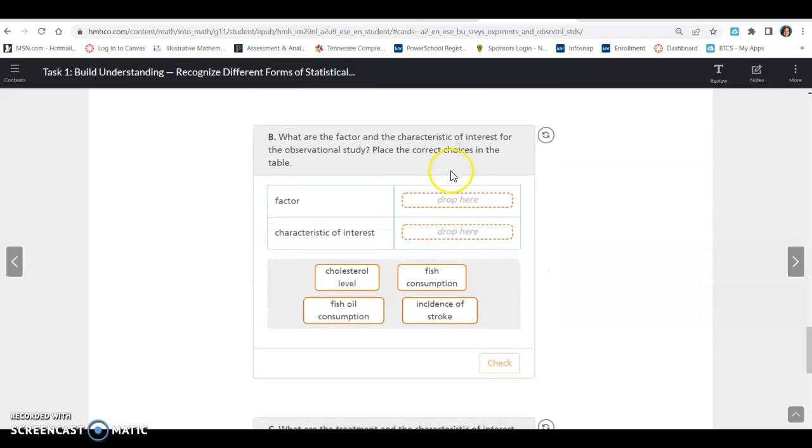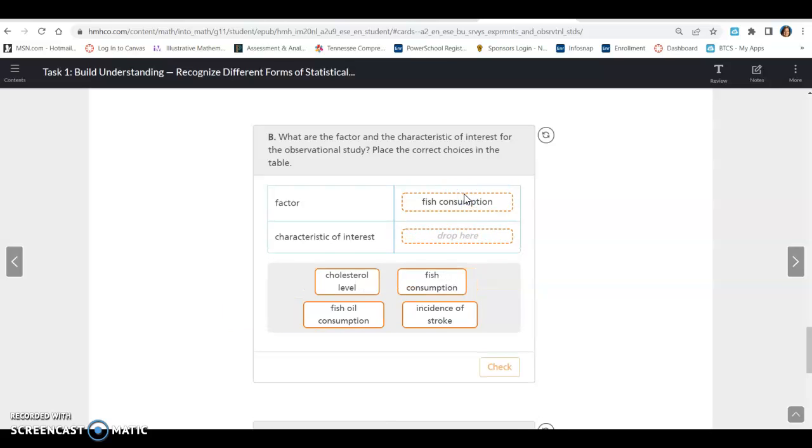So the factor is fish consumption. And the characteristic of interest is, is there an incidence of stroke? Is there an effect here?